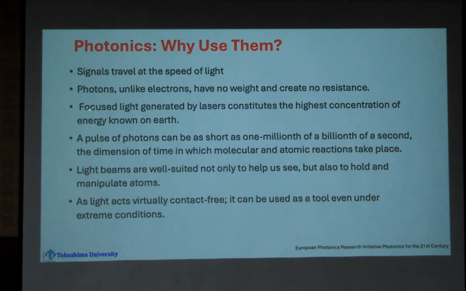So mostly focused light, like this is focused light, anywhere you can focus light, is created by the laser. So laser is also a kind of monochromatic light source. A pulse of photons can be as short as one billionth of a second.